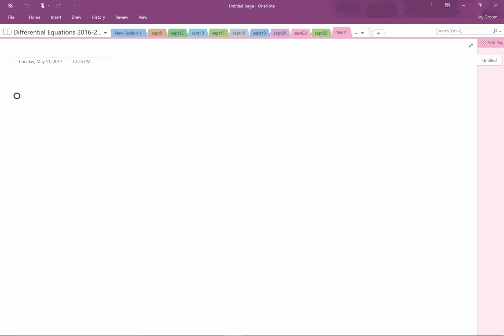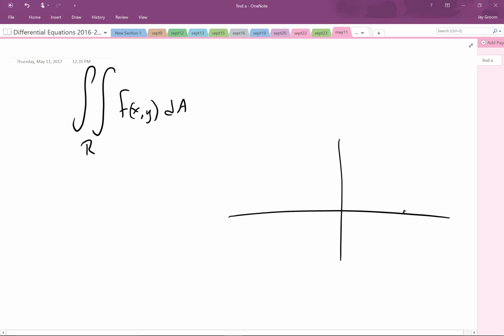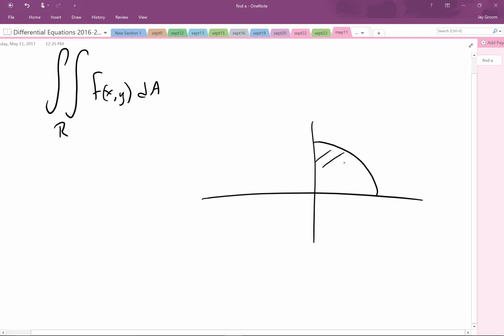Oh, yeah. All right. So anyway, today we're going to be integrating, again, some function over some area. But today, this region is going to be defined by something like this. Now, as we know, this region's equation could be written as y equals the square root of 9 minus x squared, from 0 to 3.